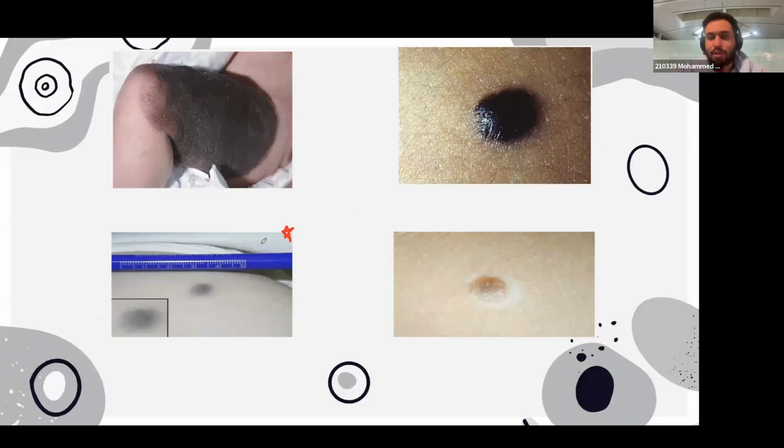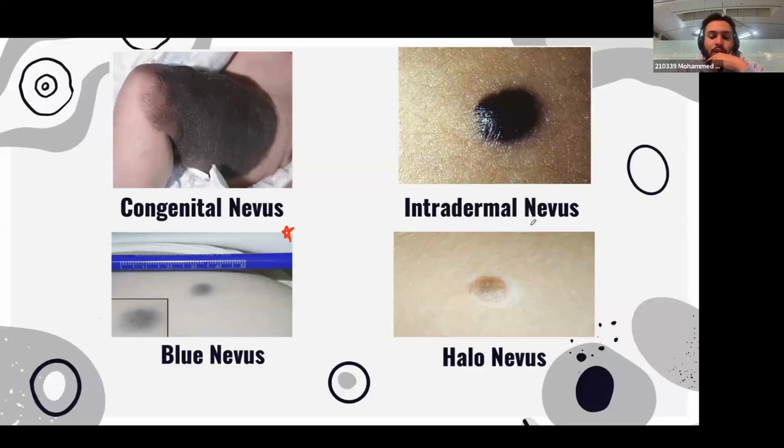You need to know how this looks, because it's a very commonly asked one. This one, top right. Good. Dermal or intradermal. This one, white surrounding it. Halo. Okay. Good. Just know how to identify these.